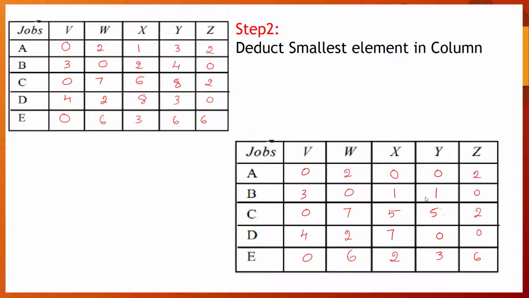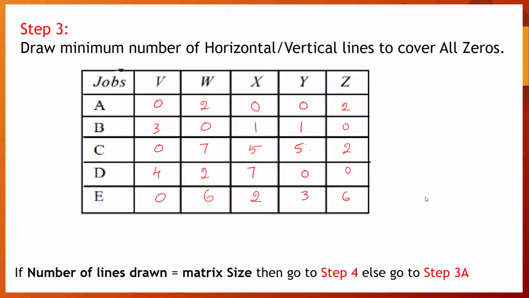Once we have the table with both row and column reduced, next we go to step 3. In step 3 we need to draw a minimum number of horizontal and vertical lines to cover all the zeros. So let us draw them.